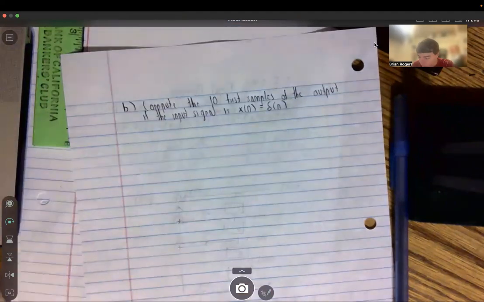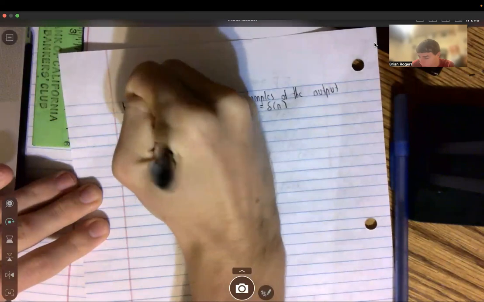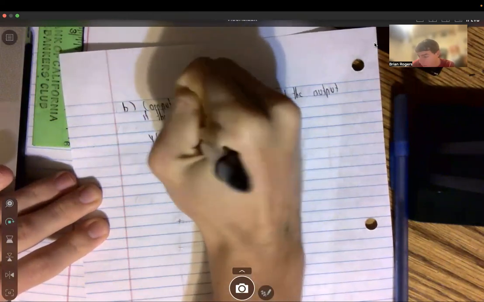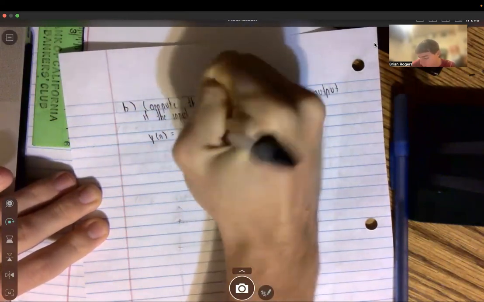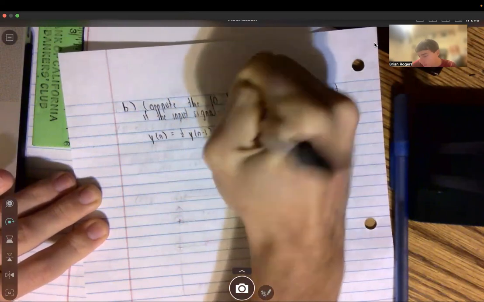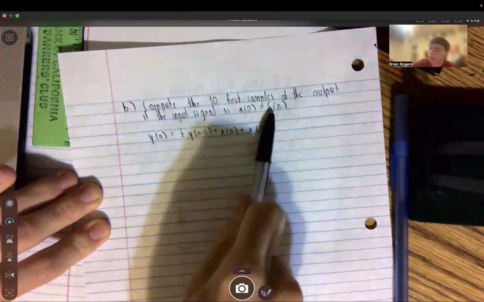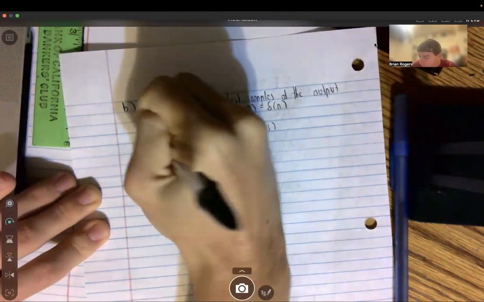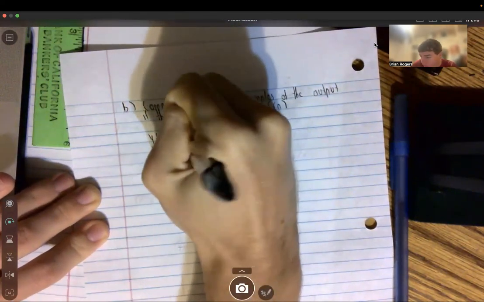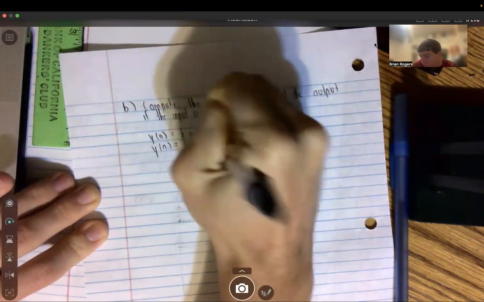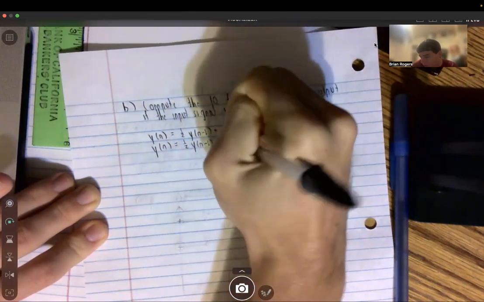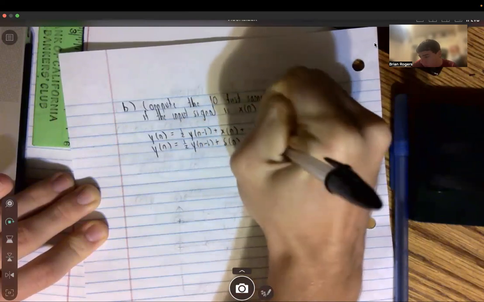Okay, so what we're going to do here is we know our y of n is given by the following. It's 1/2 y of n minus 1 plus x of n plus x of n minus 1. So I'm going to substitute in for my x of n delta n. So rewriting this equation, I'm going to get the following: 1/2 y of n minus 1 plus delta n plus delta n minus 1.